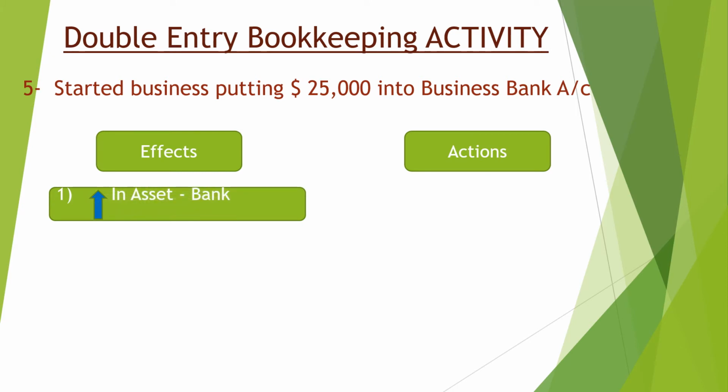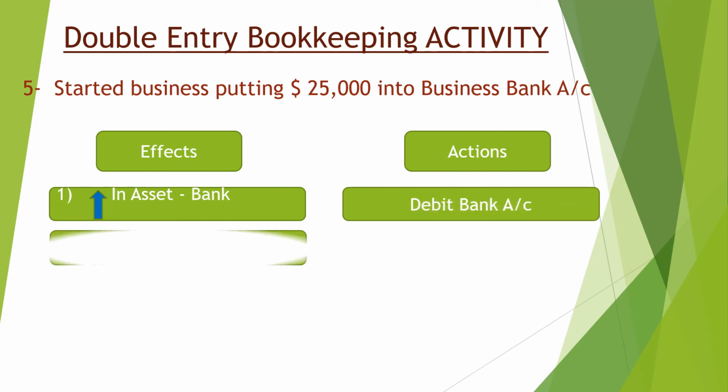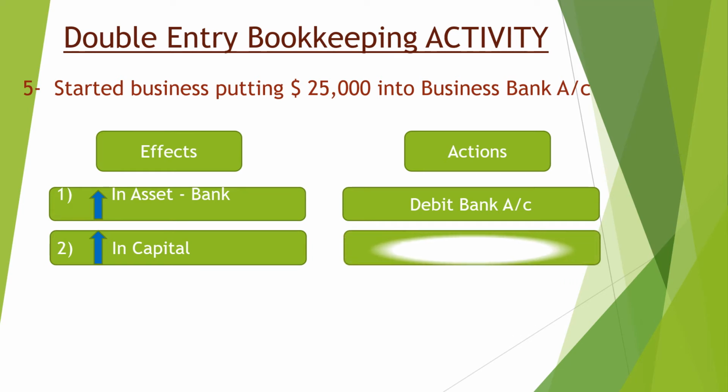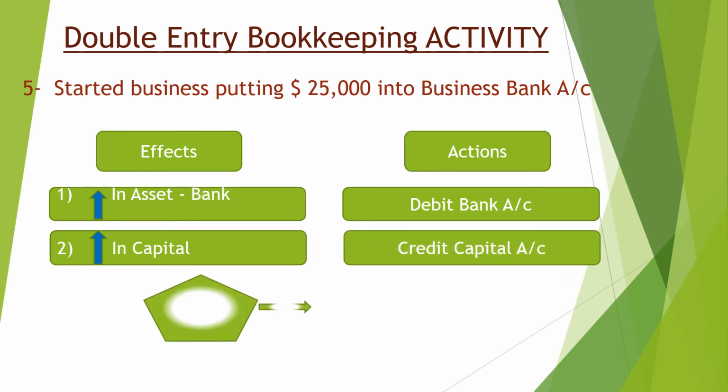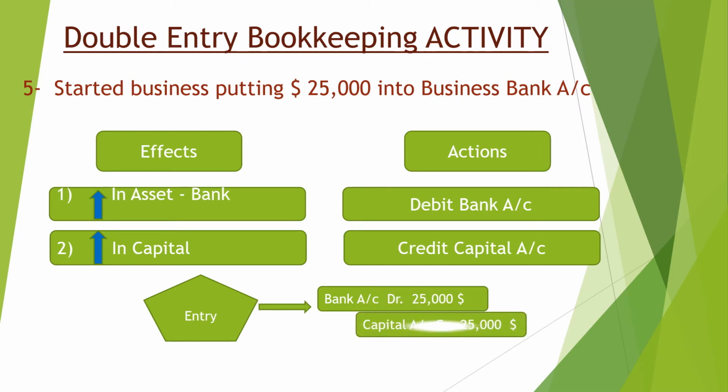We can see the increase in asset, which is a bank, so it will be debited, debit bank account, and increase in capital, so credit capital account, and the final entry would be bank account debit by 25,000 and the capital account credit by 25,000.